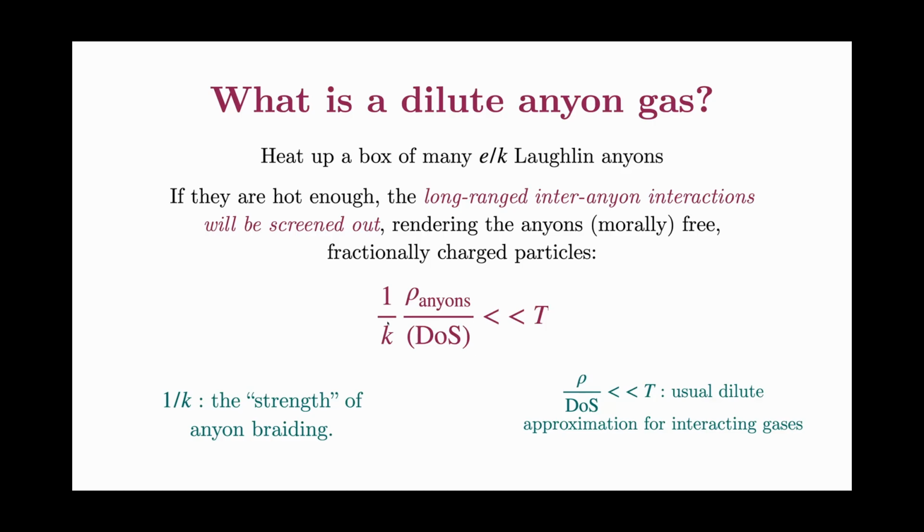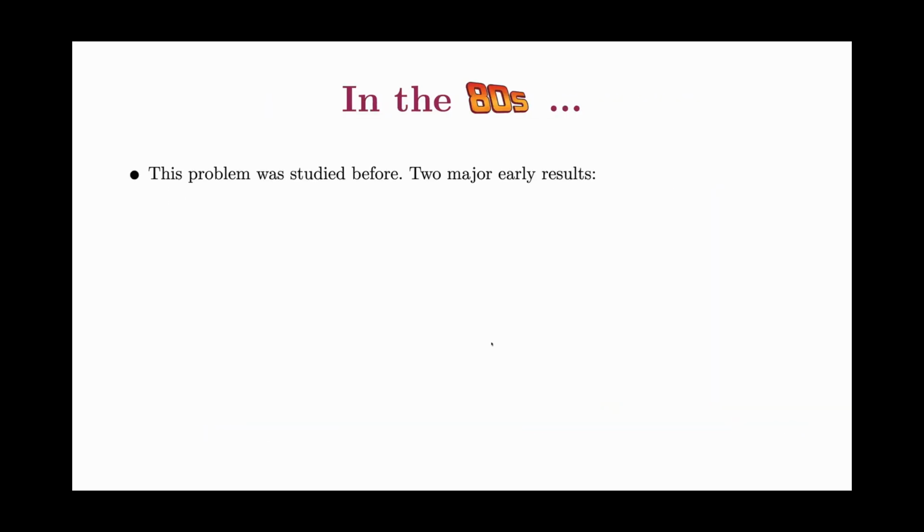And if you cover up this 1 over k, this would look very familiar to you as just the usual dilute approximation that you meet in statistical mechanics courses. So naturally, this expectation is not something totally new.